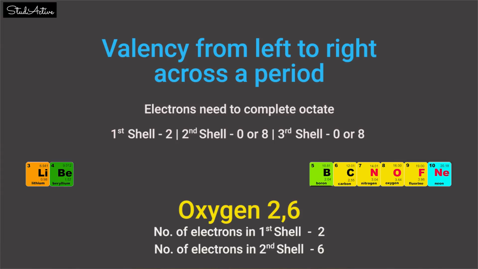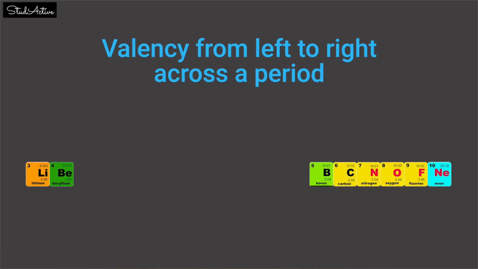Oxygen will take 2 electrons and attain its octet. Fluorine, electronic configuration 2, 7, will take 1 electron and attain its octet. Neon. Neon has electronic configuration 2, 8 and hence its valency is 0 because it already attains its octet state. So it will not give, take or share electrons. So the valency of neon is 0.